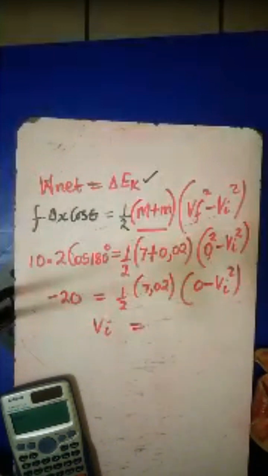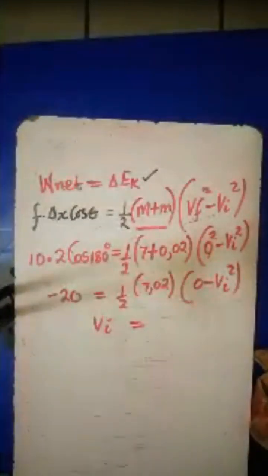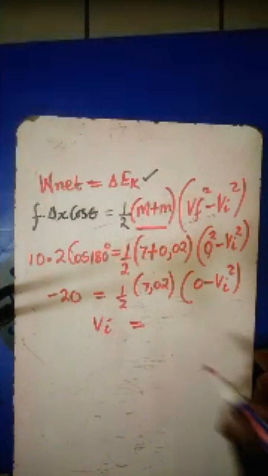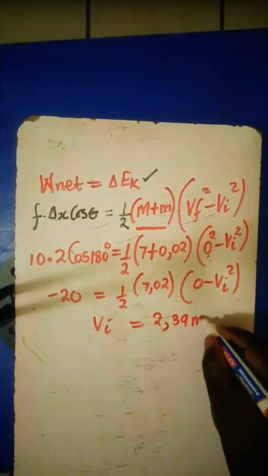V initial, what are we getting, colleagues? 2.39. Thank you. Rounded off, the correct answer was 2.39 meters per second.